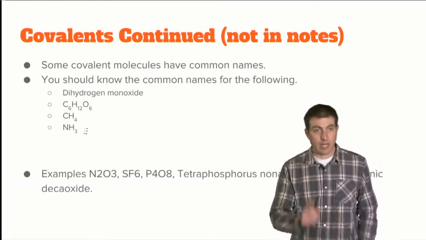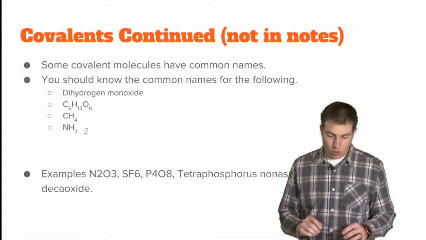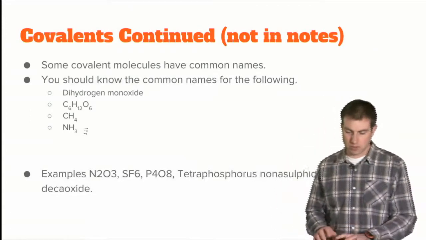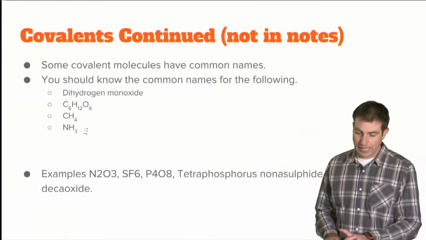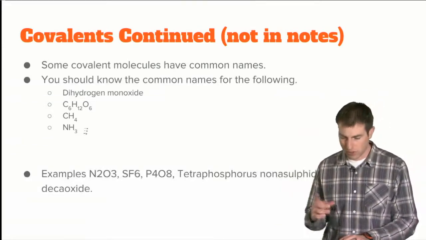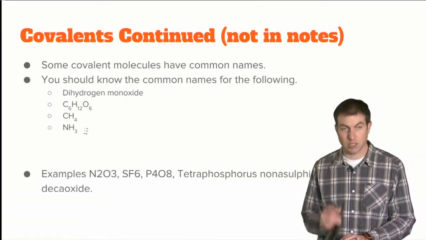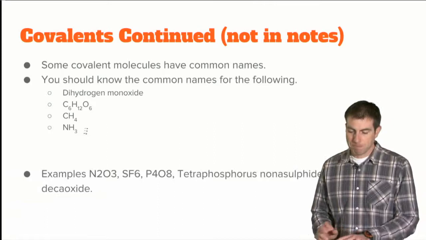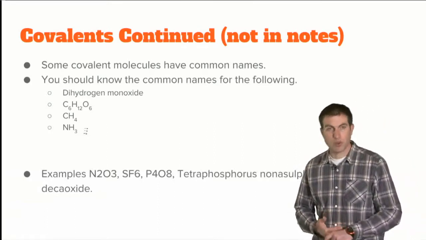All right, a few examples here. N2O3. Does somebody just want to write the name for that in chat, and we'll see if we can agree or disagree on it? And SF6. I'm sorry I didn't subscript the numbers, but they should be subscripts. So N2O3, what are we going to call that?